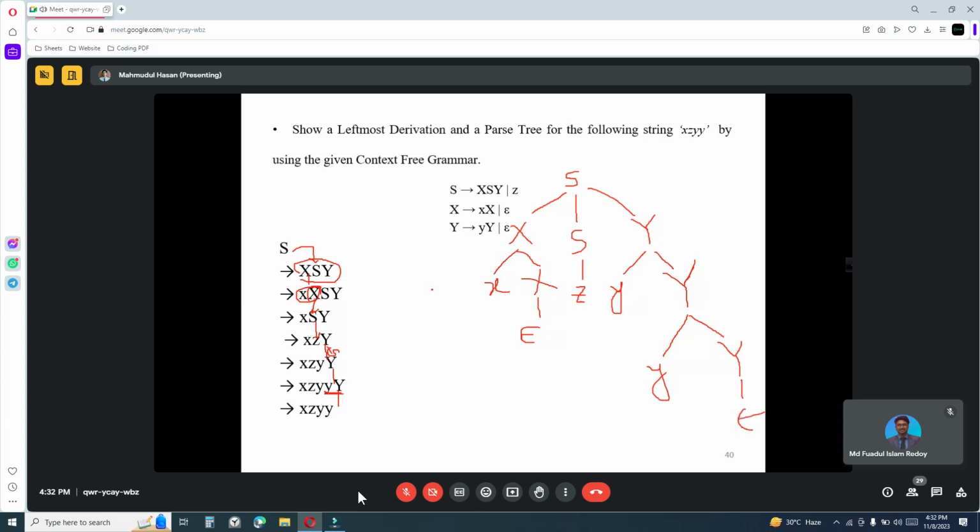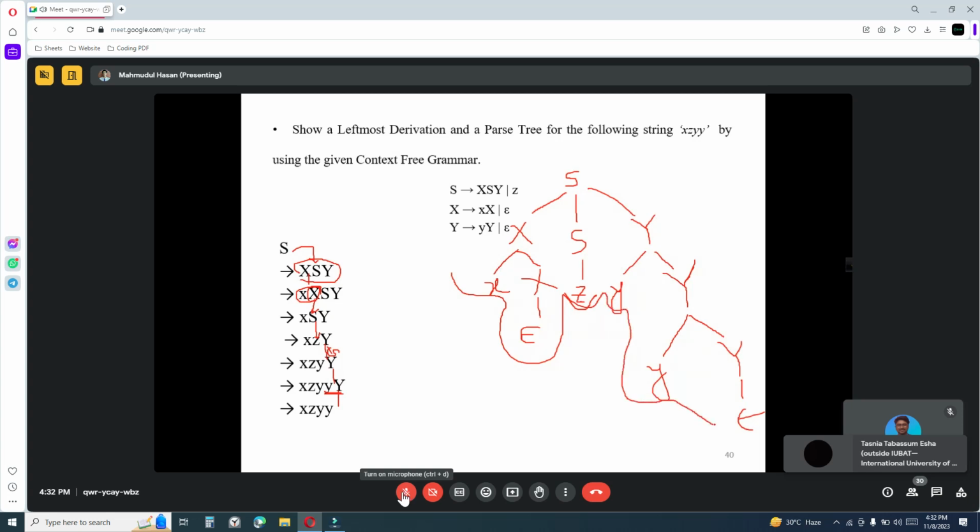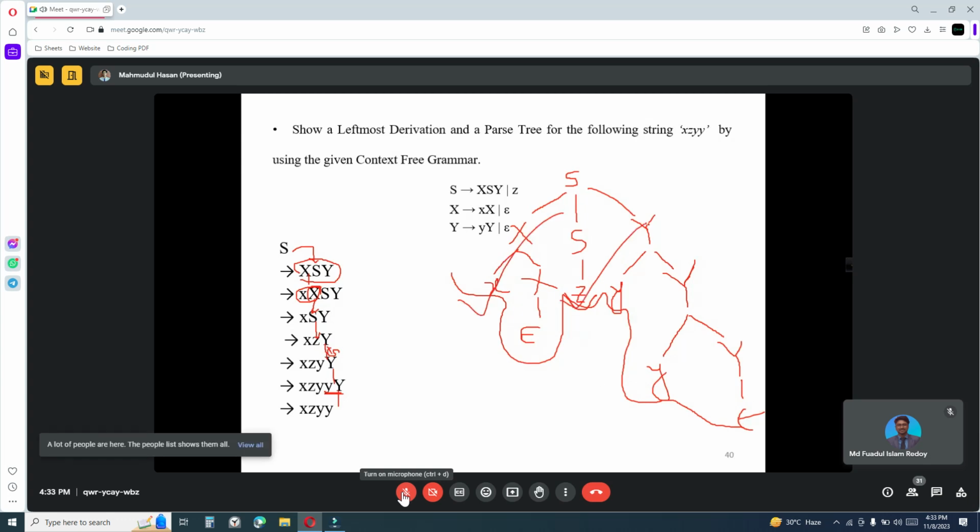So this is your parts. So X epsilon, Z, epsilon, X epsilon, Z, then Y, then again Y, then again epsilon. And epsilon means actually nothing. So our output is X Z Y Y.